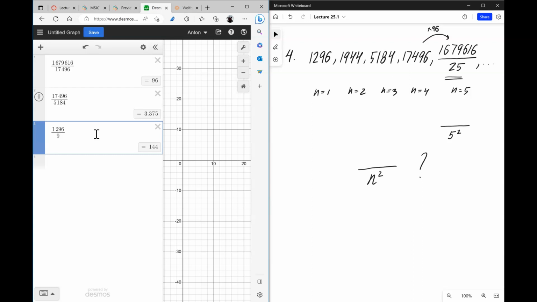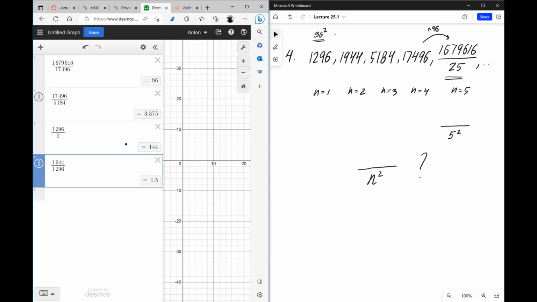The first one, not sure if it means anything, but it's 36 squared. The second one is times and a half bigger, so we multiplied by 3. But remember, that's part of the pattern, right?